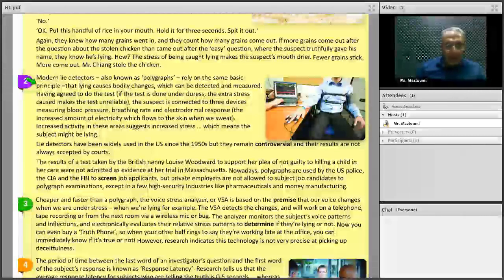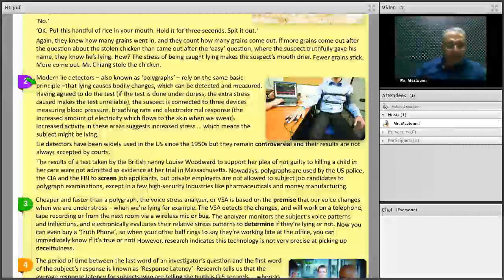Duress means stress, anxiety, feeling anxious. So, if there is too much stress, this makes the test unreliable, opposite of reliable.